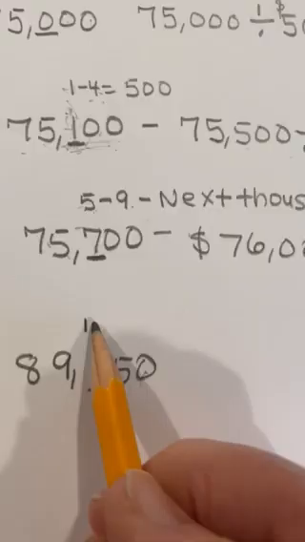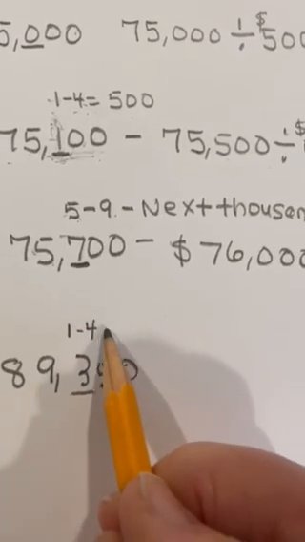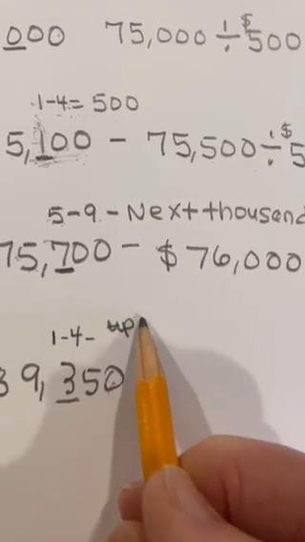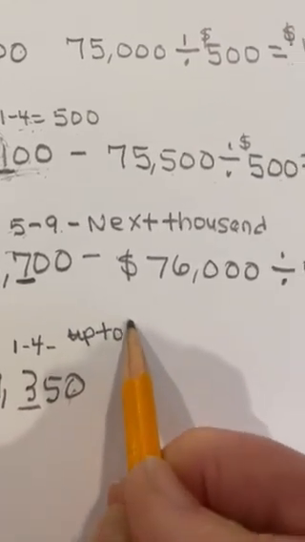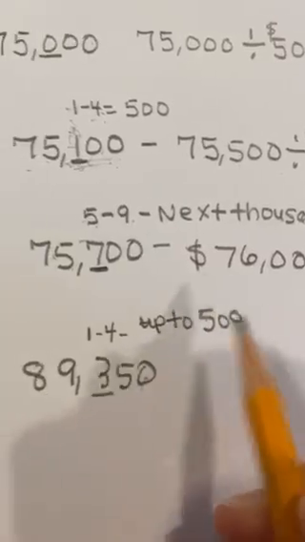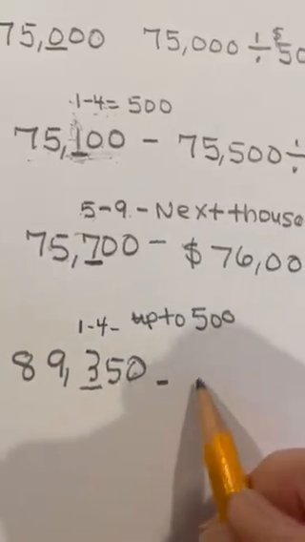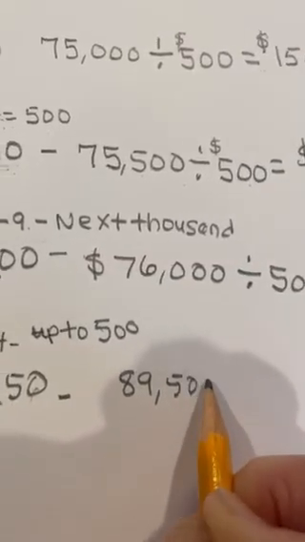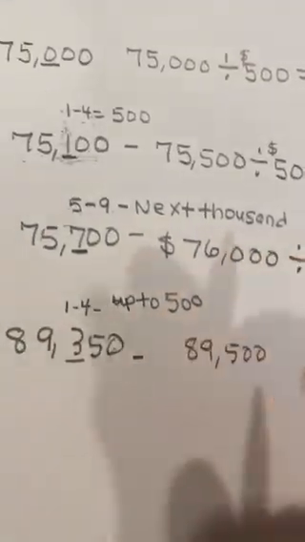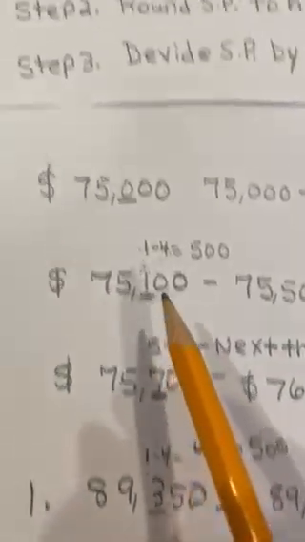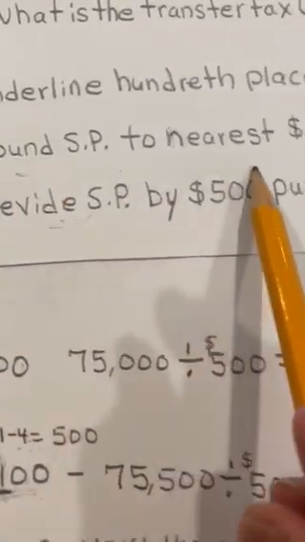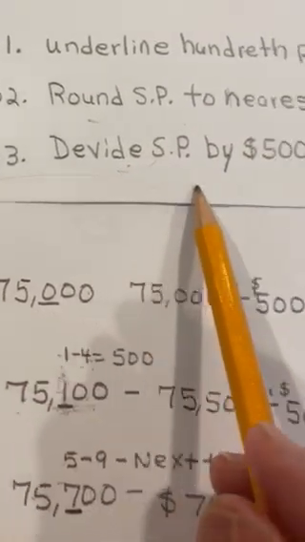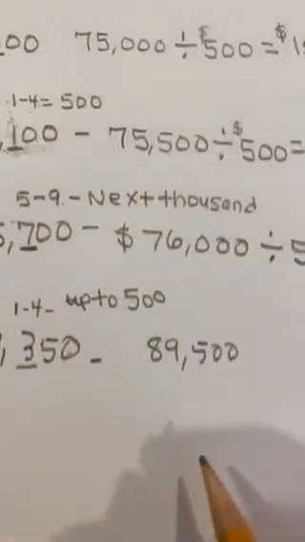If it's 1 through 4, then you go up to 500. So it would be 89,500. Now, we rounded that to the nearest 500, so then the third step is you divide the sale price by 500.